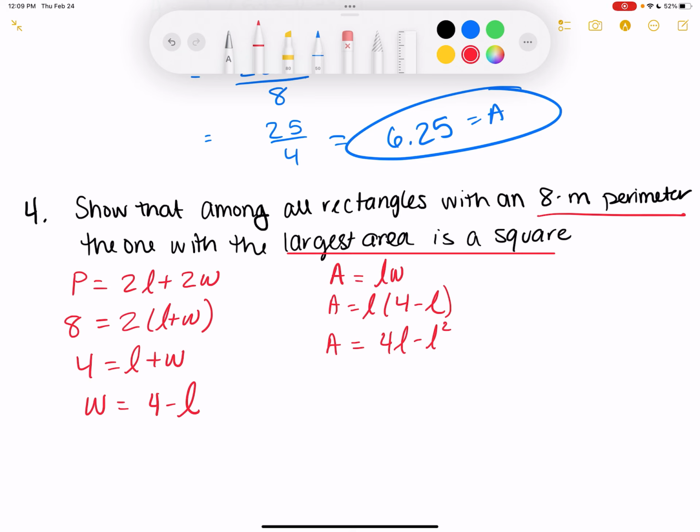Now I want to maximize area, so I am going to take the derivative, so A prime is equal to, what's the derivative of that? 4 minus 2L, and we're going to set that equal to 0. So what does L equal to? 2.